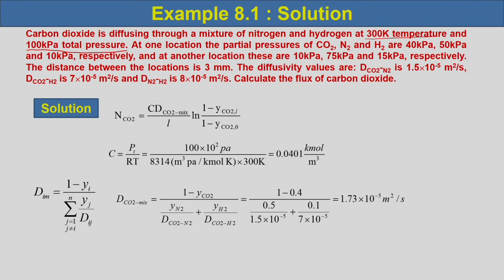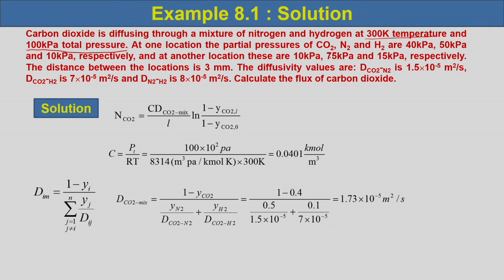So, we can calculate D_CO2,mixture as equal to (1 − Y_CO2) divided by the sum over the other two components, Y_N2 divided by D_CO2-N2 plus Y_H2 divided by D_CO2-H2, which is equal to (1 − 0.4) divided by (0.5 divided by 1.5 × 10^-5 plus 0.1 divided by 7 × 10^-5).